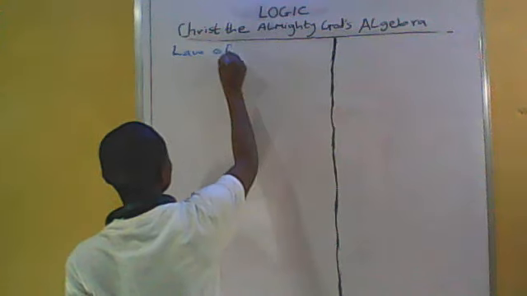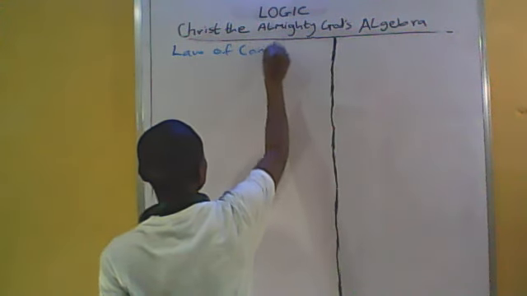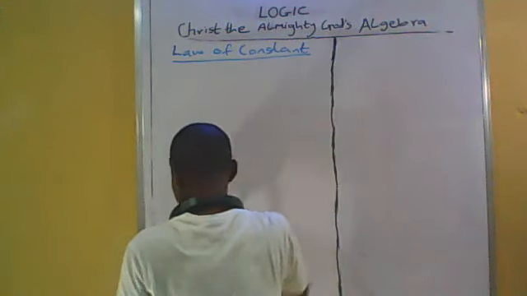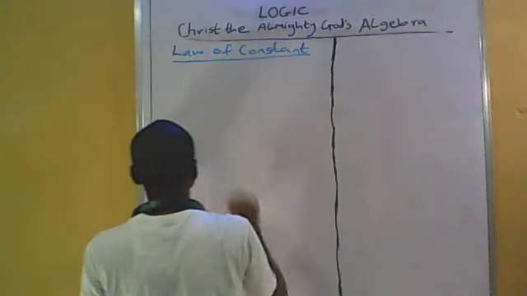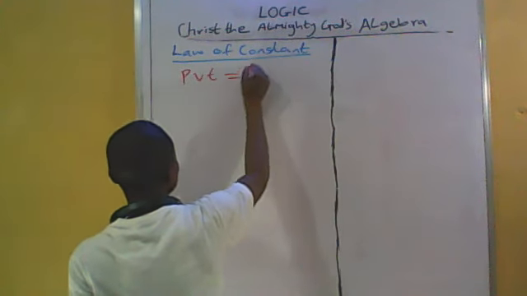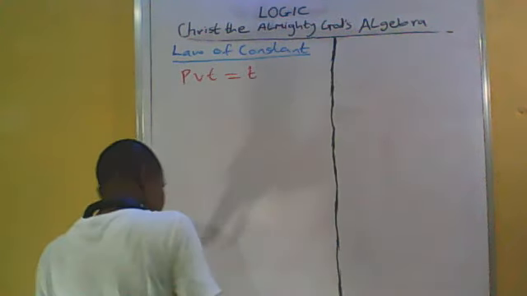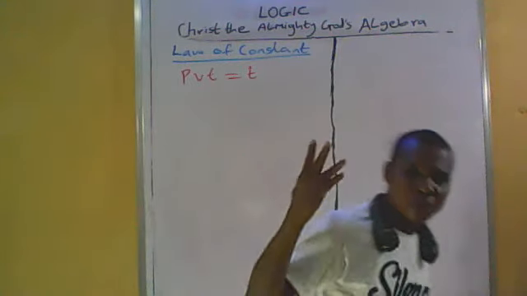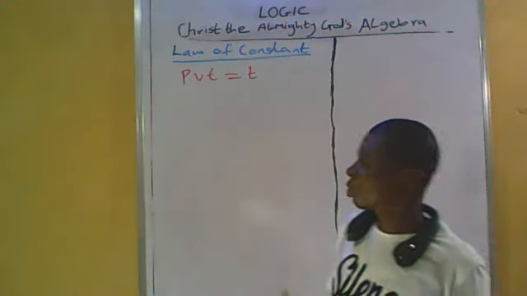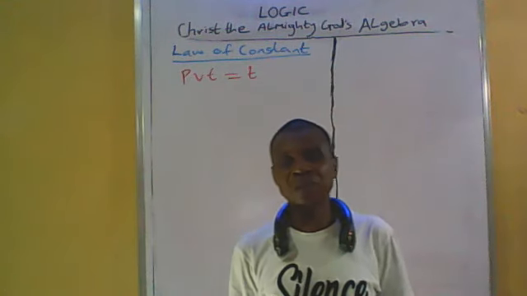Law of constants. P or T is equal to T. This is a typical example of law of constants by disjunctive statement.